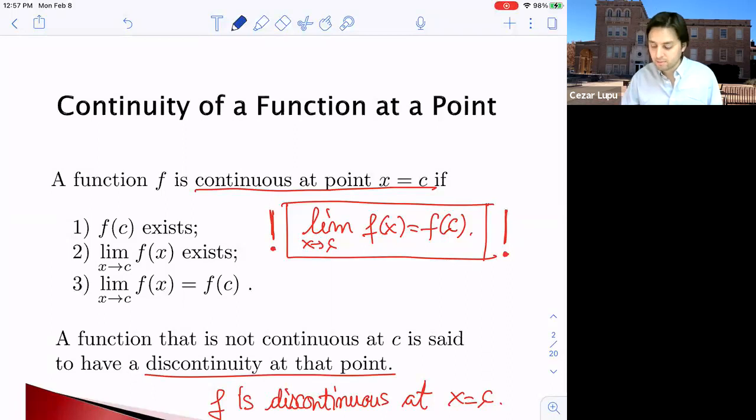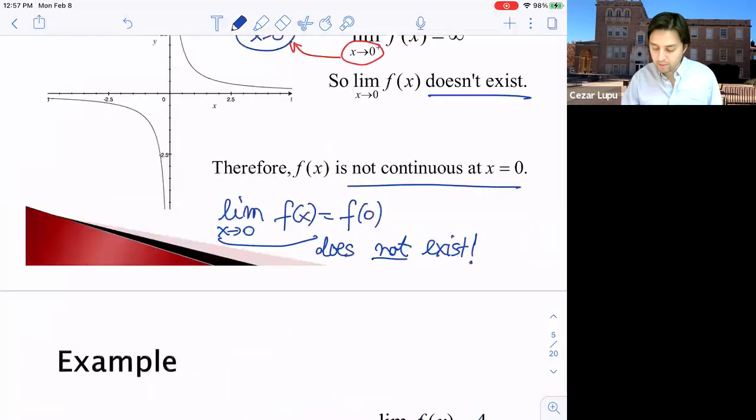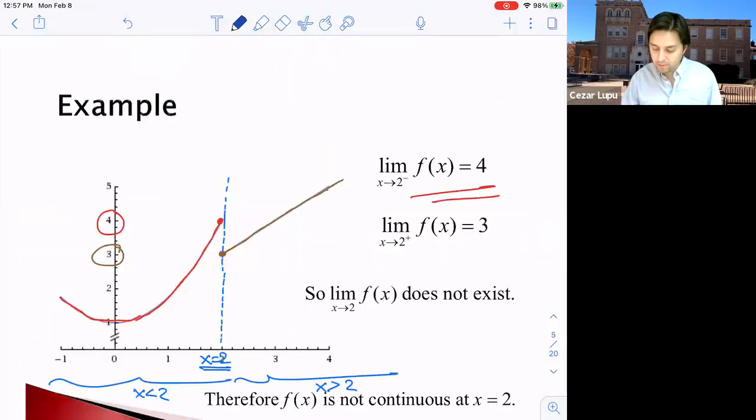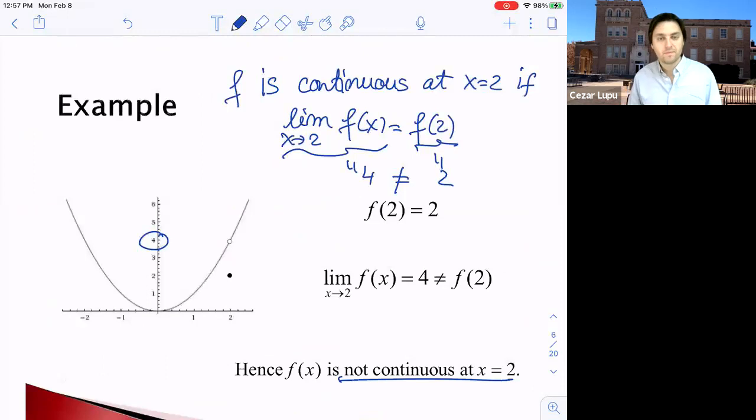If we go back, you see, there is no way these two agree. The value of f of 2 does not agree with the limit of f at the point 2. All right.